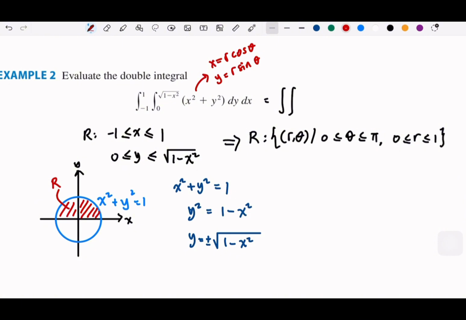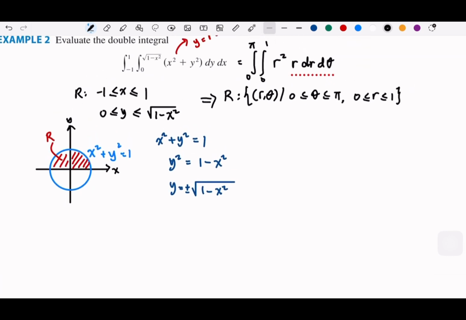So this becomes r squared, and don't forget to multiply by another r, and then dr d theta, and plug in the endpoints, which are 0 to pi and 0 to 1. Now let me write down here. So this becomes r cubed dr d theta.